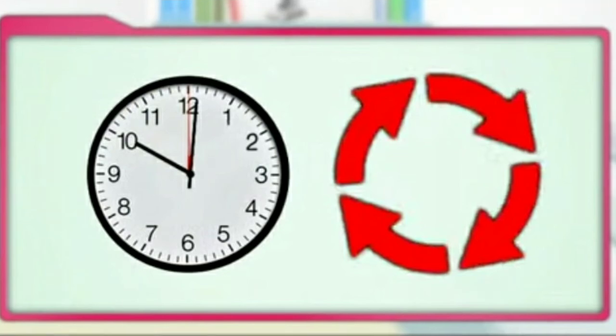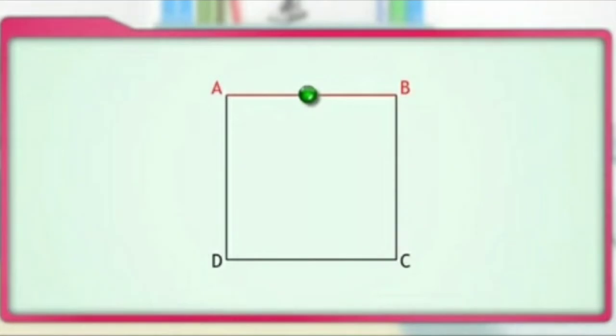Now children, let's try out an activity. Draw a rectangular path as shown here. Place the tip of your pencil on the middle of any side of the square path and trace the path. That means just go along the sides of that square.